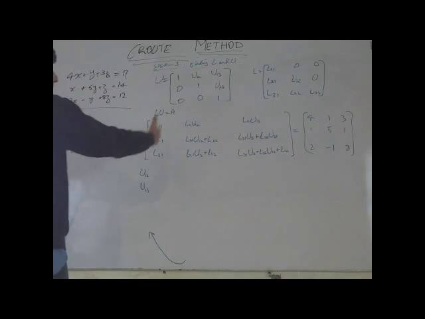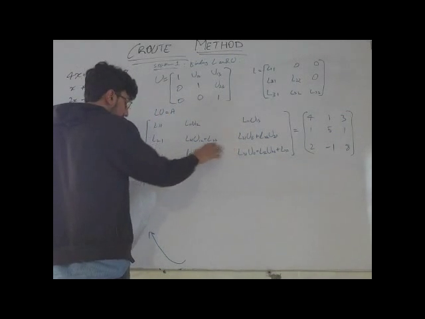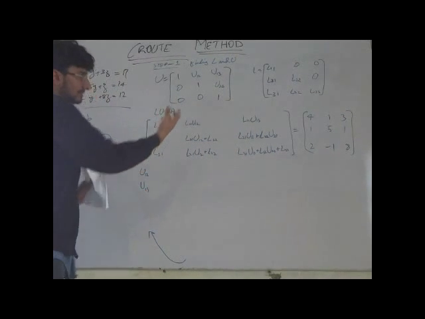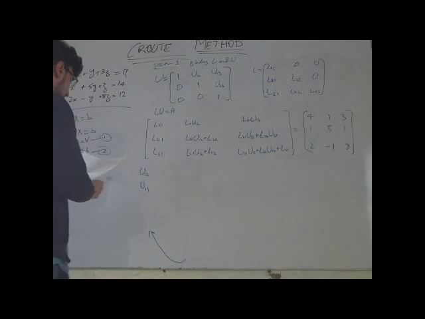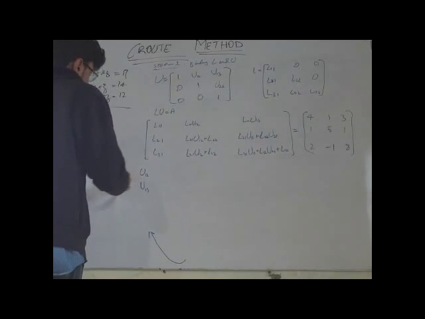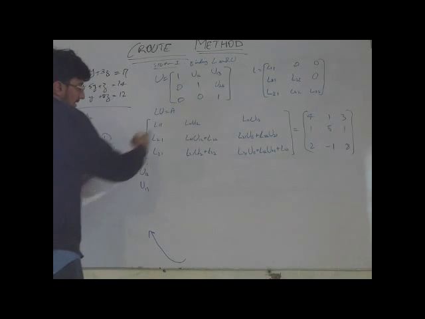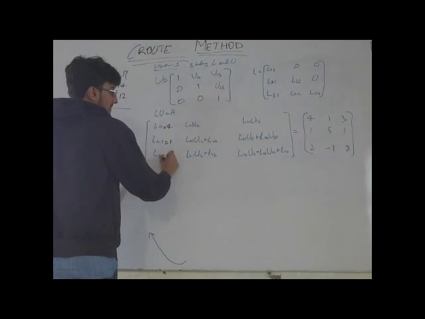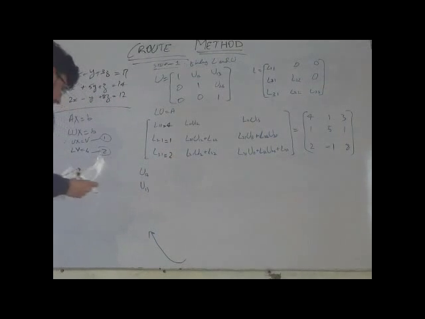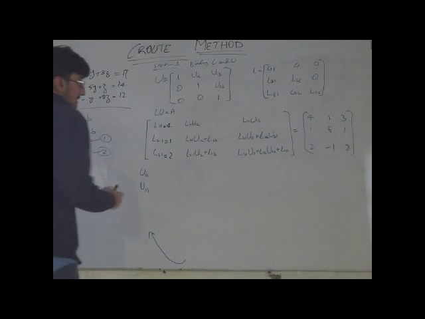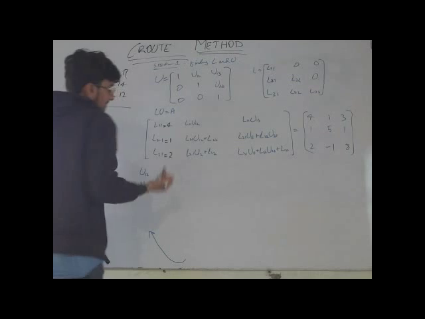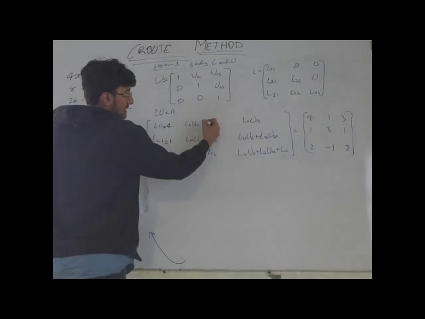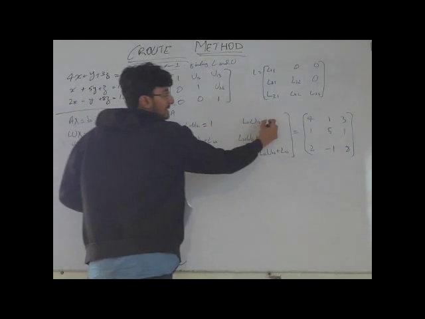This way, we solve this simultaneous equation, and let me show you some steps of this process. Since we know that these are straightforward. Similarly, now let me solve it for U12 and U13. What will be the equation of U12? This will be 1 and this will be 3.